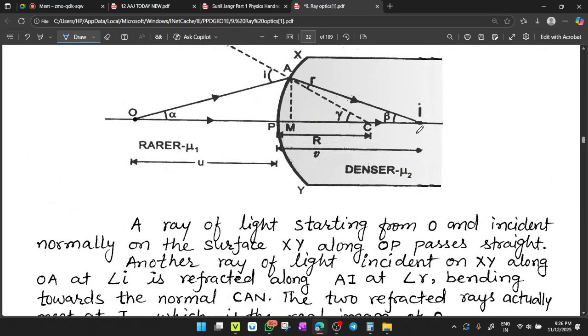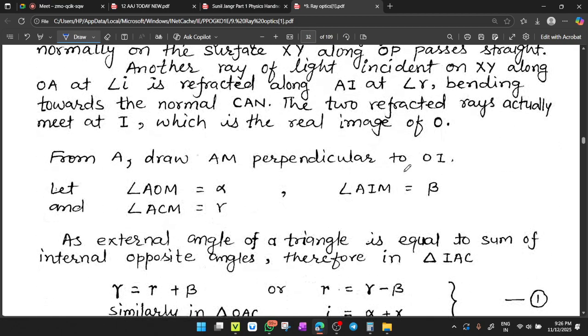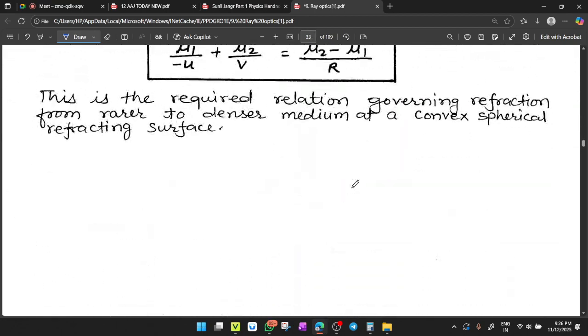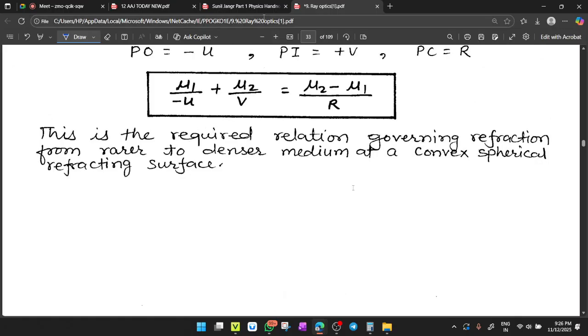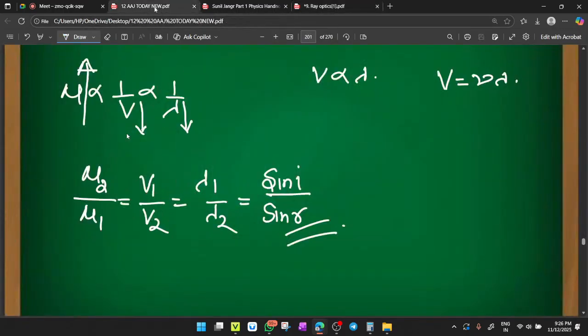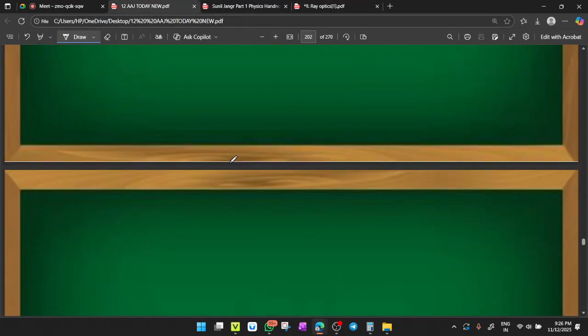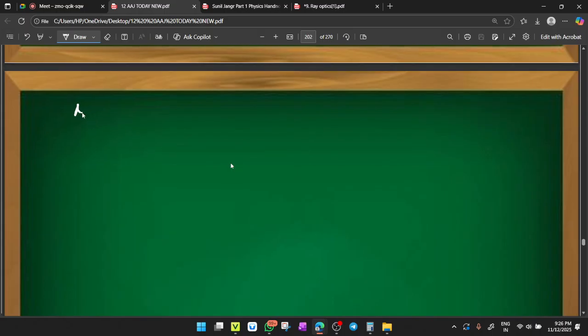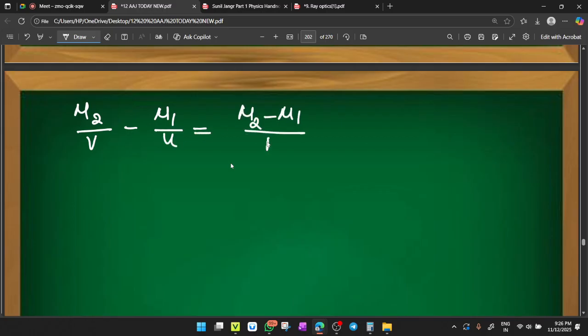It means your final image is on the denser medium. Then what is the formula? You have to remember this formula like this. The formula is mu2 upon V minus mu1 upon U equals to mu2 minus mu1 upon R.